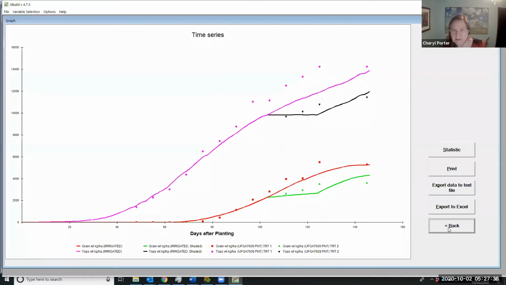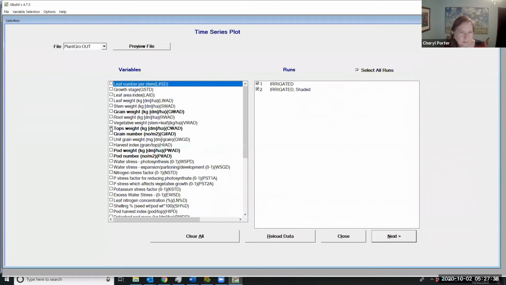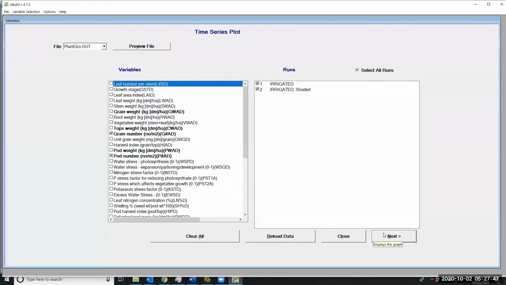Okay, let's go back and take a look at the grain number and pod number.